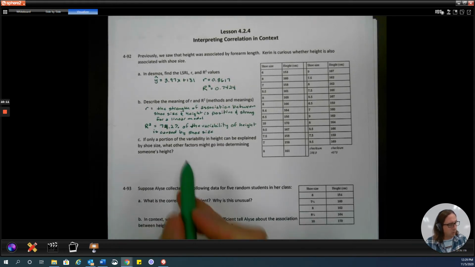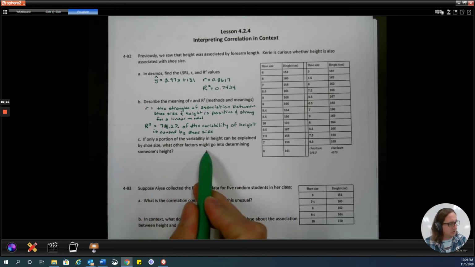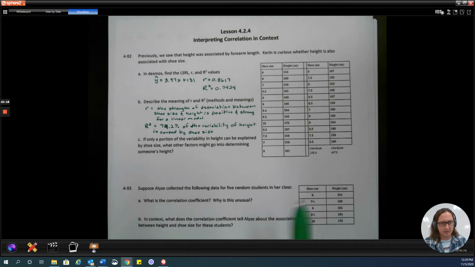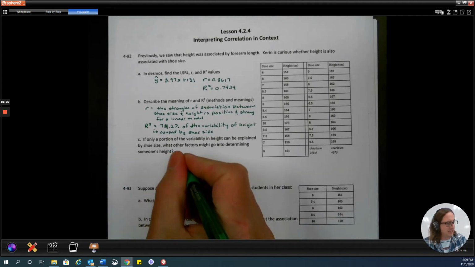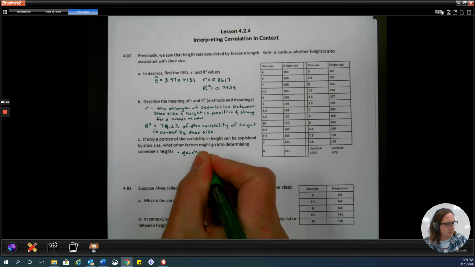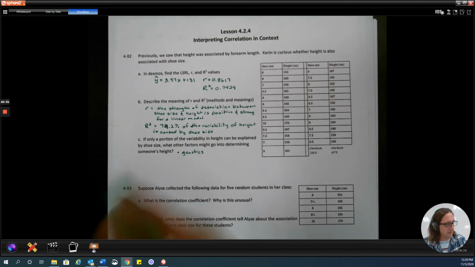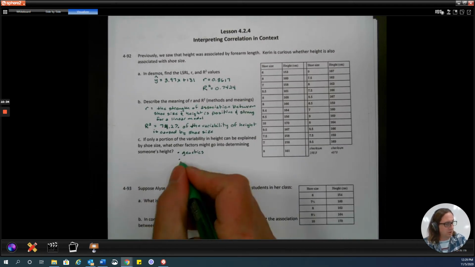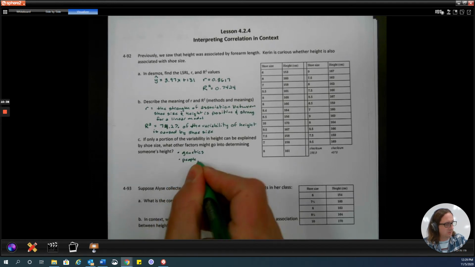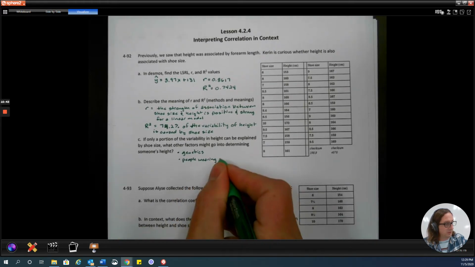So if only a portion of the variability in the height can be explained by shoe size, what other factors might go into determining someone's height? It might be genetics. Maybe their family members just have small feet and are really tall. Maybe people wear the wrong shoe size, wearing shoes that don't fit.